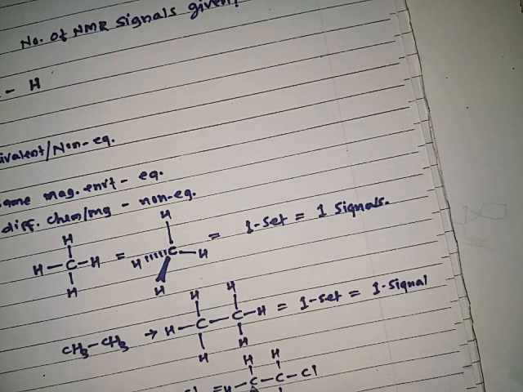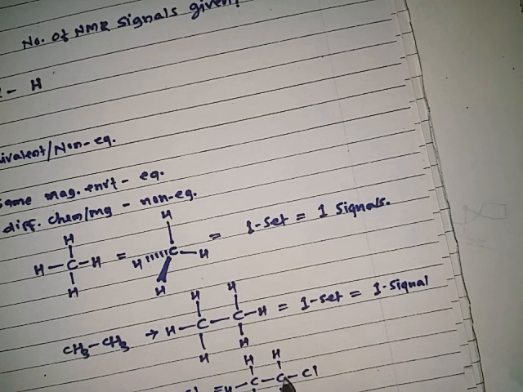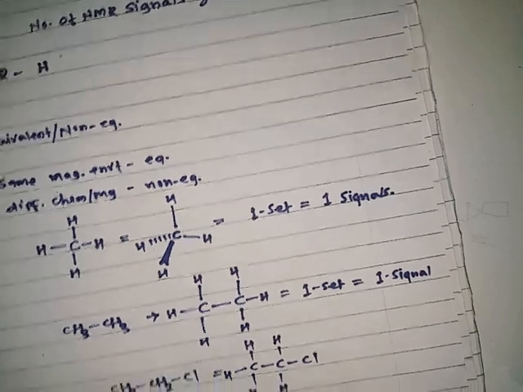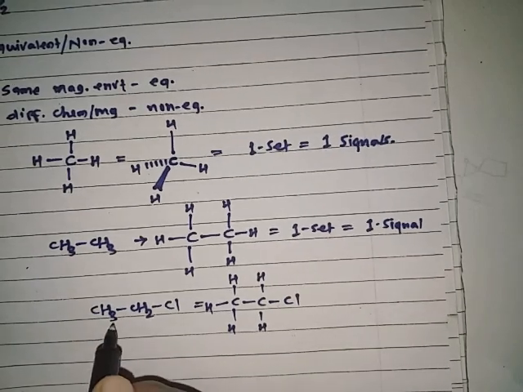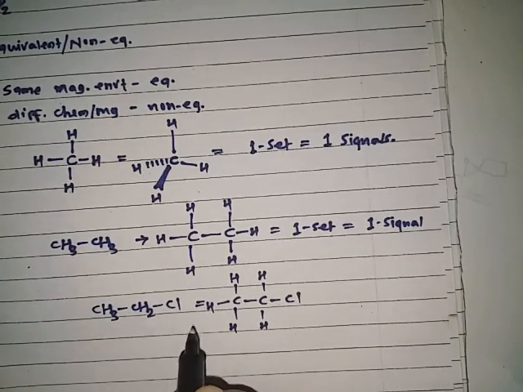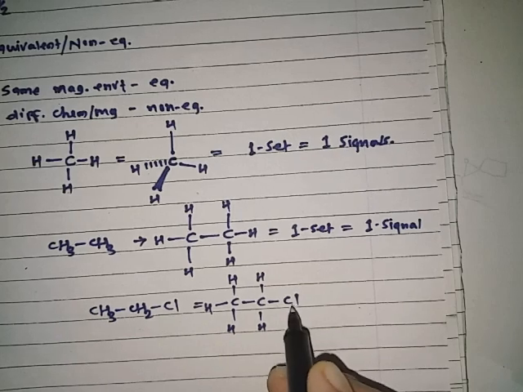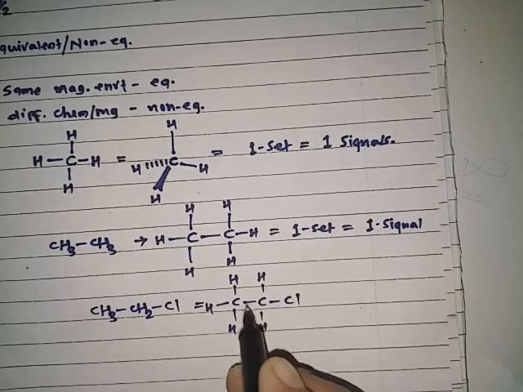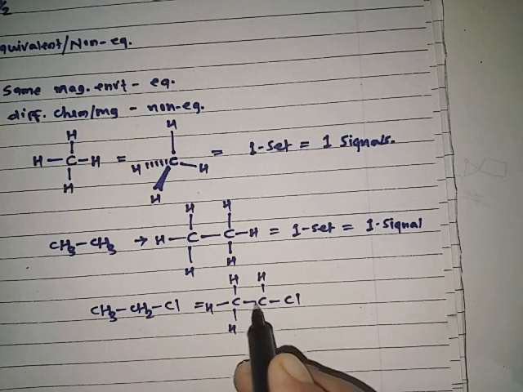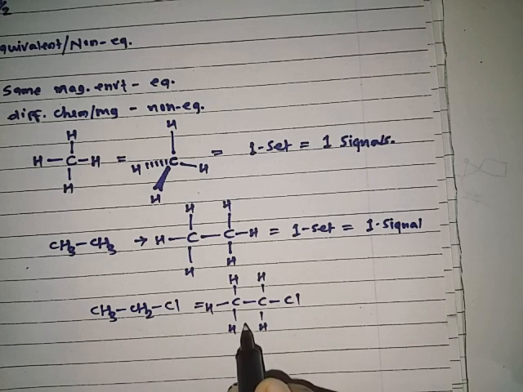This carbon atom is attached to this carbon atom, but this carbon atom is attached to a chlorine atom. So in this ethyl chloride example, the attachment is different and the chemical environment is again different, because this carbon is in an environment with this carbon and this chlorine.